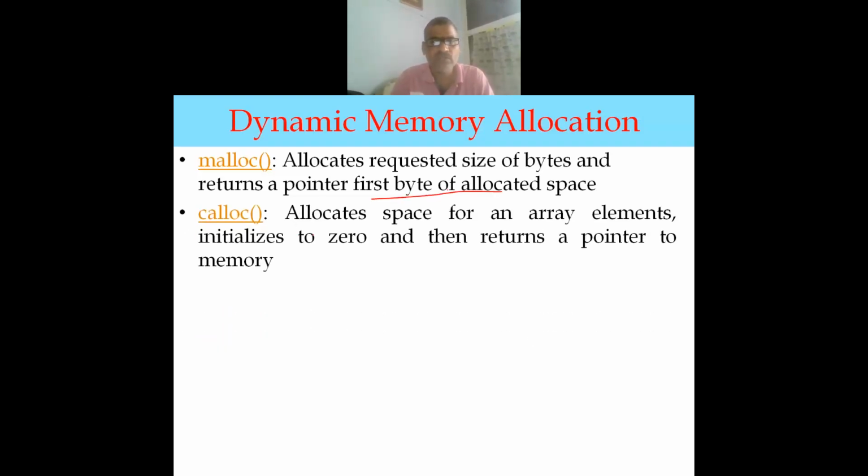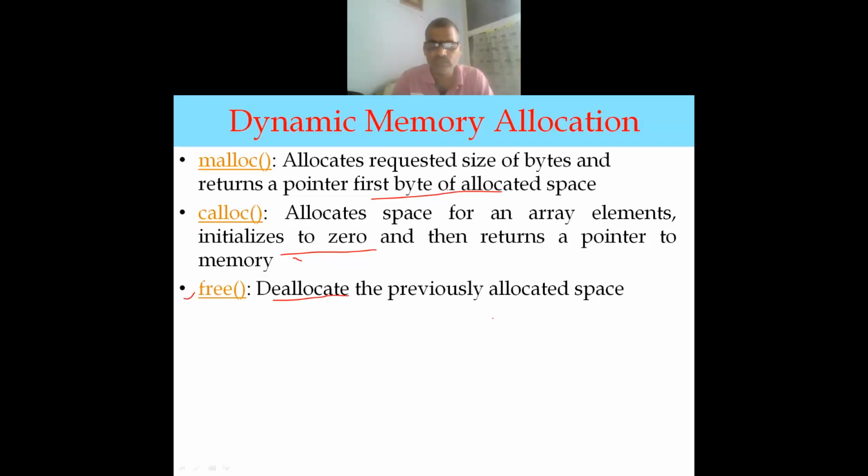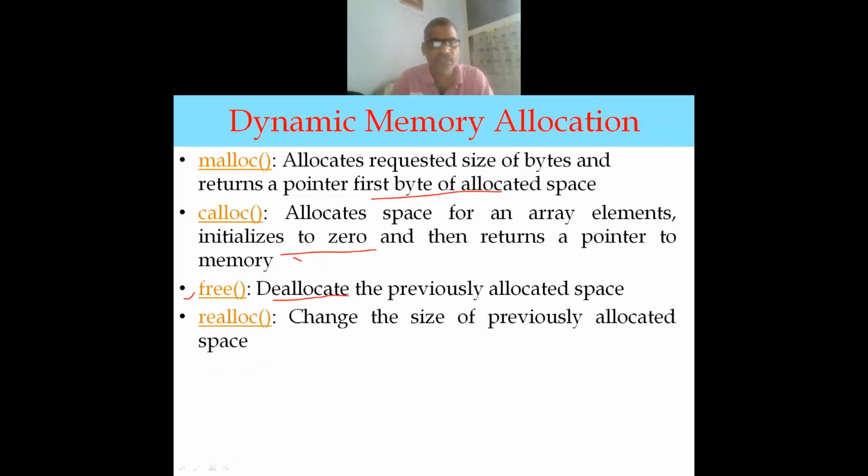Calloc allocates space for an array of elements, initializes that memory to 0, and returns a pointer to it. The third function is the memory deallocation function, which we call free, which deallocates previously allocated memory.